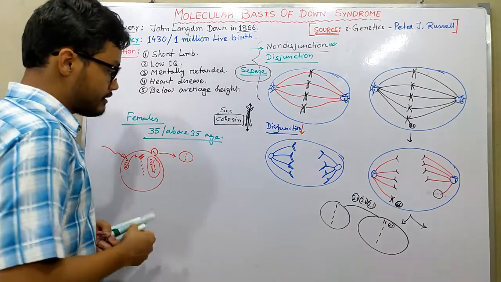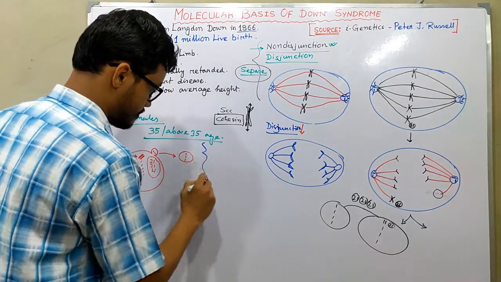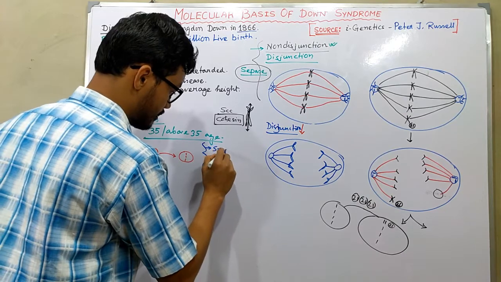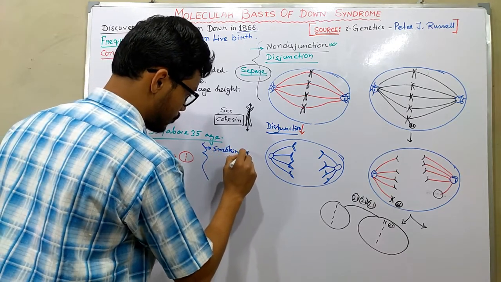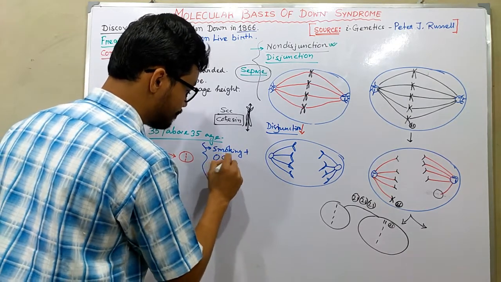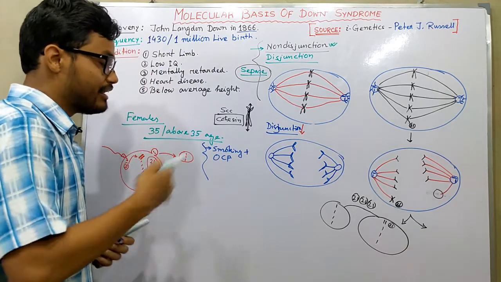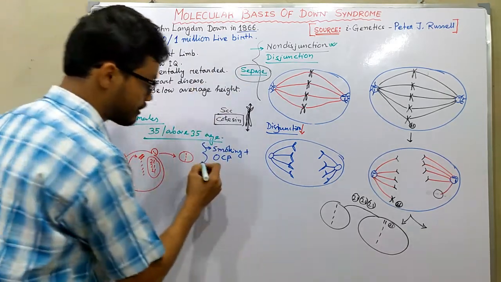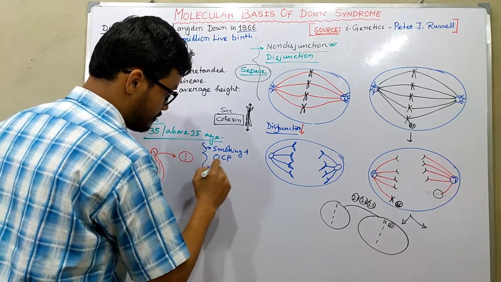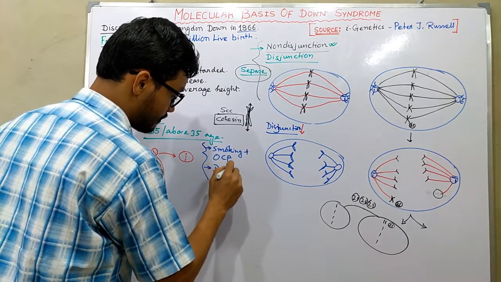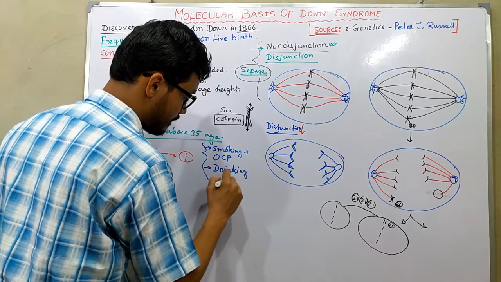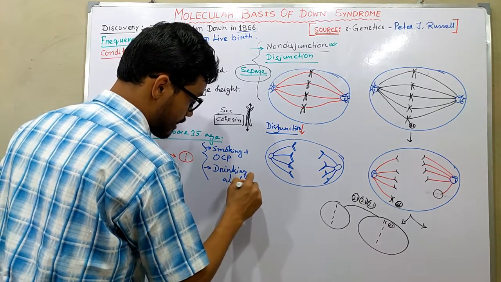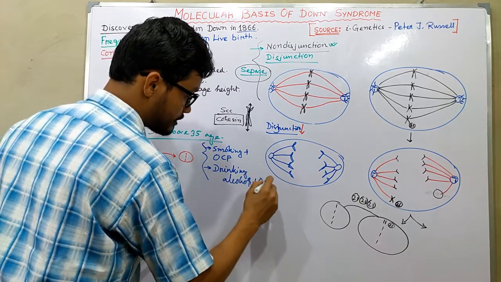In case of females, smoking with oral contraceptive pills increases the risk of this condition of non-disjunction, along with drinking alcohol with oral contraceptive pills.